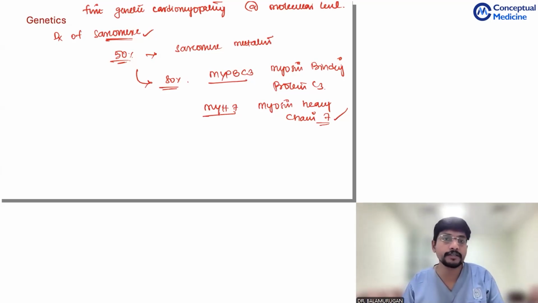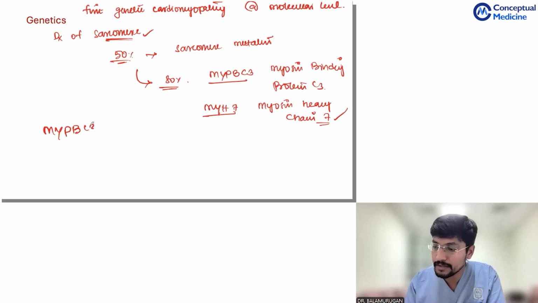50% of HCM patients have sarcomere mutations. Among those who are sarcomere mutation positive, 80% is due to myosin binding protein C3 or myosin heavy chain 7. This is also an MCQ. What is the most common mutation involved in HCM? It is MYBPC3, which is more common than MYH7.